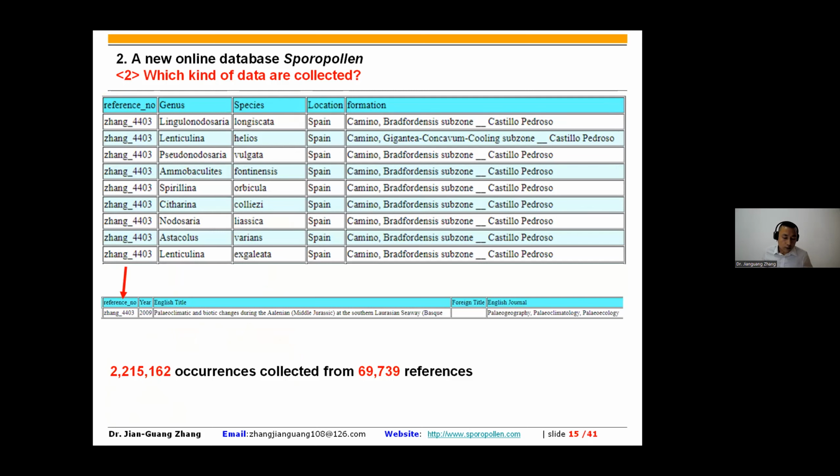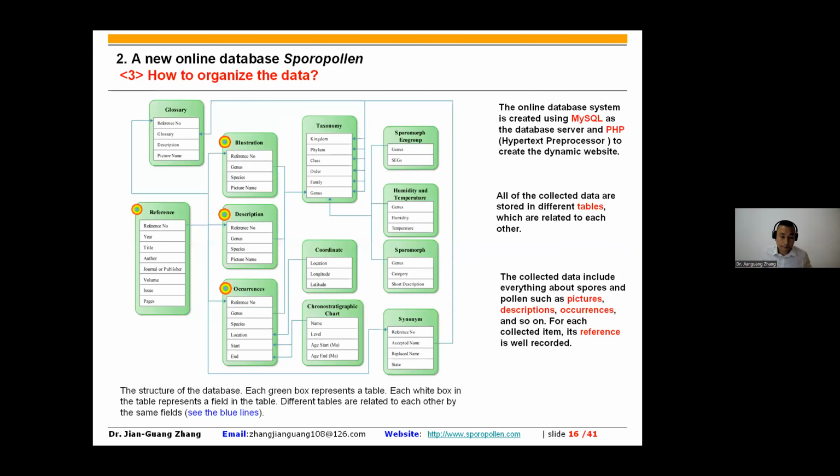Besides, more than 2 million occurrences from about 70,000 references are collected. All of the collected data are stored in different tables, which are related to each other.